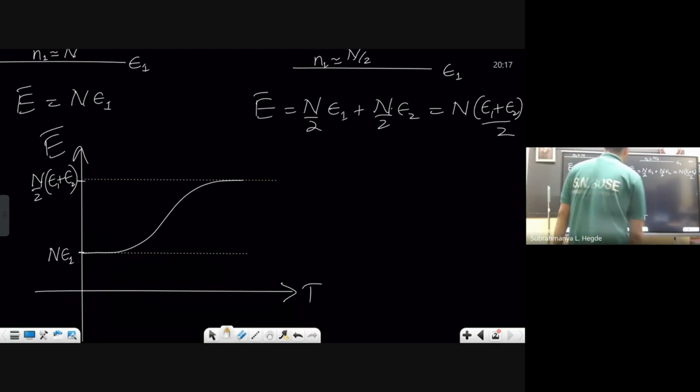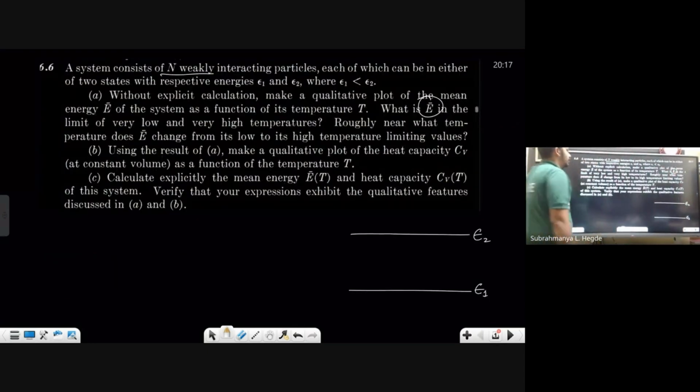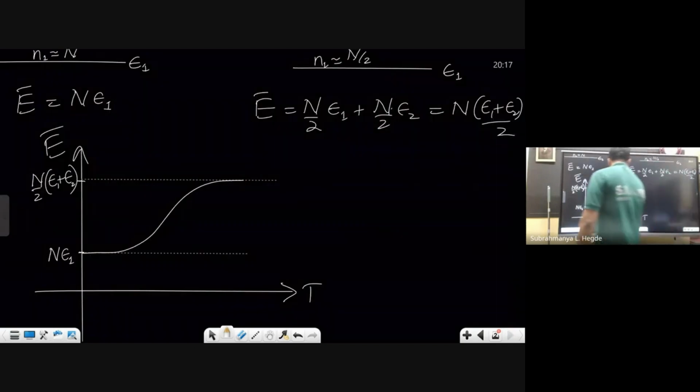Now what he is asking: roughly near what temperature does E bar change from low to its high temperature limiting value? That means that is this one, am I right? That's our point where the concavity changes.